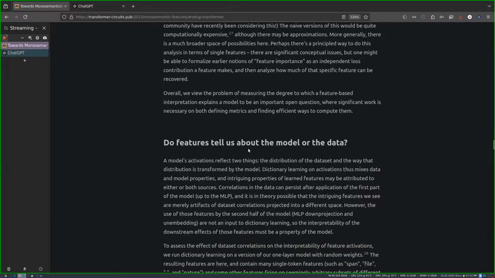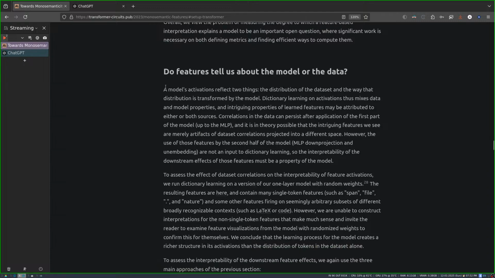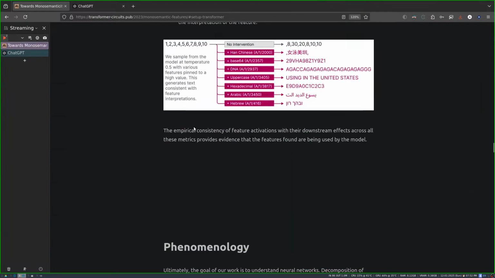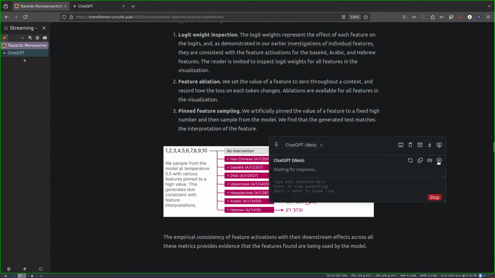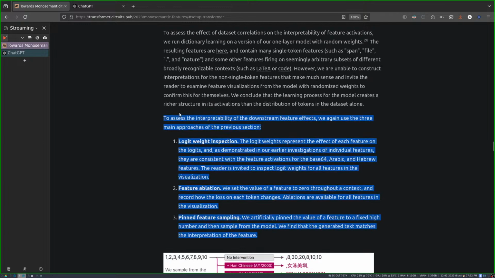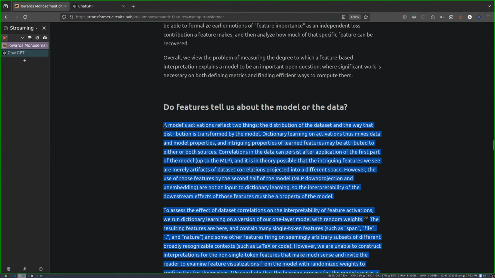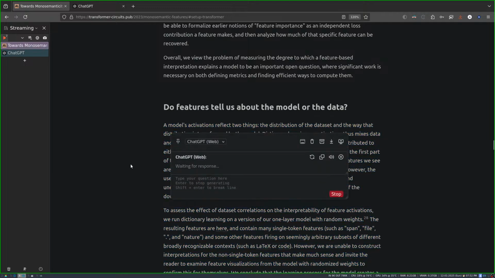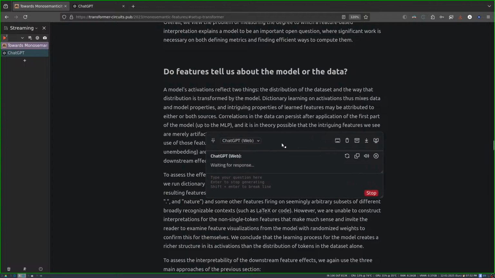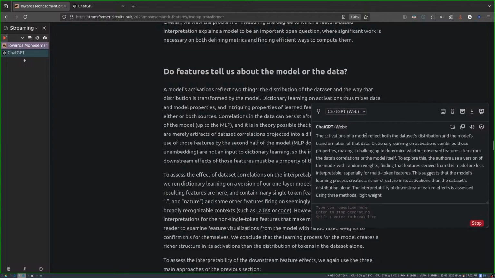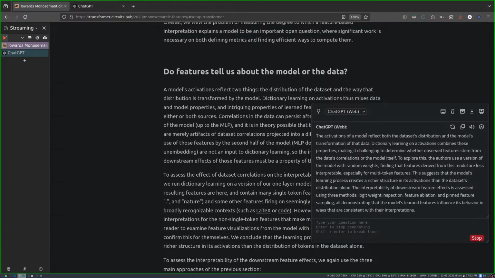Do features tell us about the model or the data? Oh, that's also interesting. The activation of a model reflects both the dataset's distribution and the model's transformation on the data.